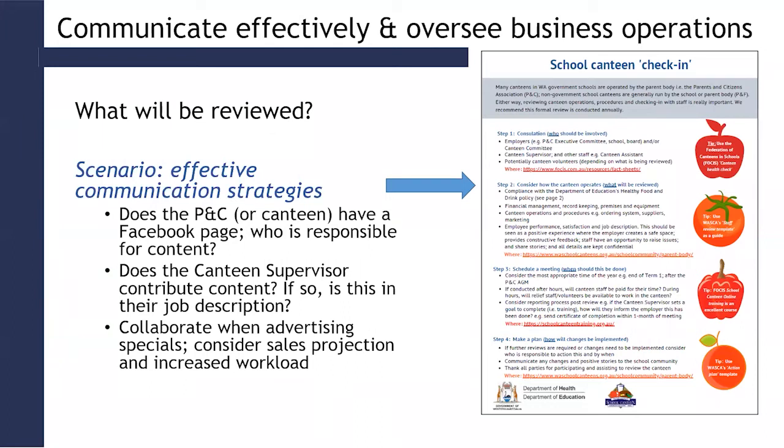This particular document provides an opportunity for both parties to review what the current work situation is. It's not just supposed to be a document where you sit the canteen supervisor down and say, these are all the things that you're doing and this is what we need you to do now. It should be a two-way process and gives everybody the opportunity to talk about what the strengths are, perhaps what the weaknesses are, and to make a plan moving forward.